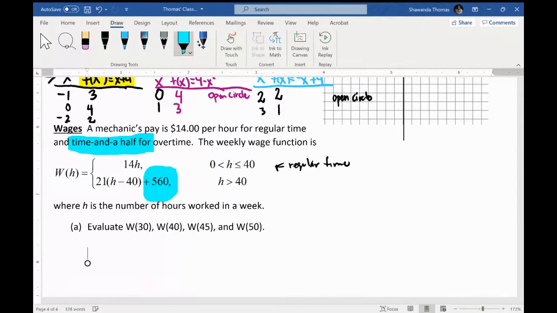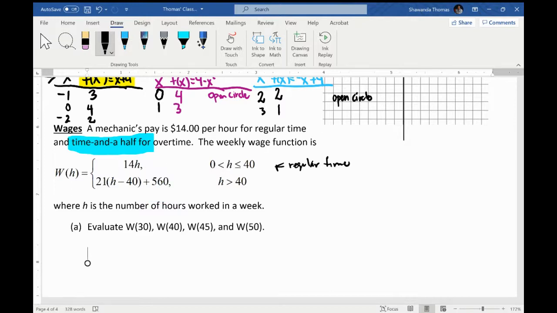All right. Now they got a 560 right here. What is that about? 560. You think? Might have to break out a calculator. That's the $14 per hour he makes times the 40 hours he works, right? Very good.